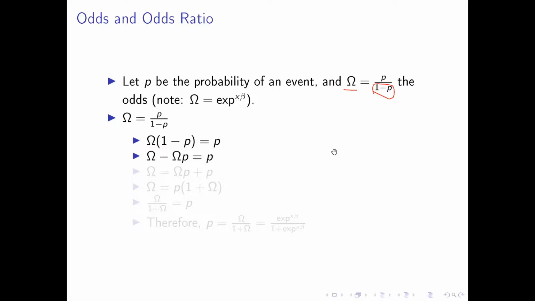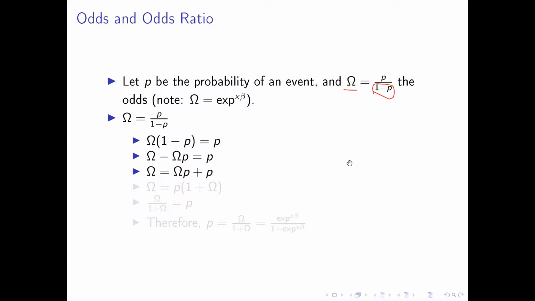Then the left-hand side is equal to odds minus odds multiplied by P, and the right-hand side is P. Then I add odds multiplied by P on both sides. So the left-hand side becomes odds, and the right-hand side becomes P plus odds multiplied by P.